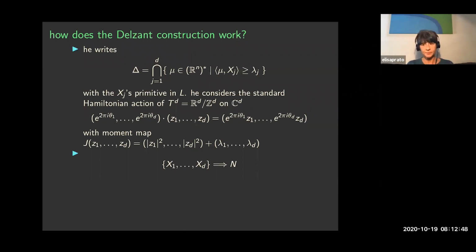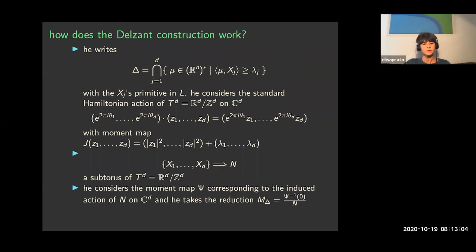The second step consists in taking the normals, and there is a standard procedure for associating, starting from the normals, a subtorus N of the big torus T^d. So the idea is to use symplectic reduction.